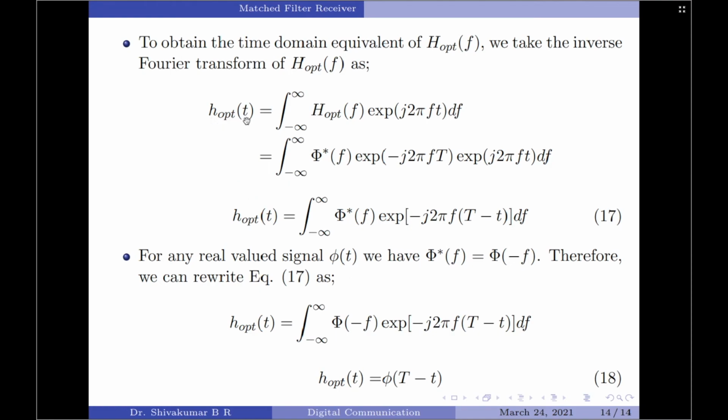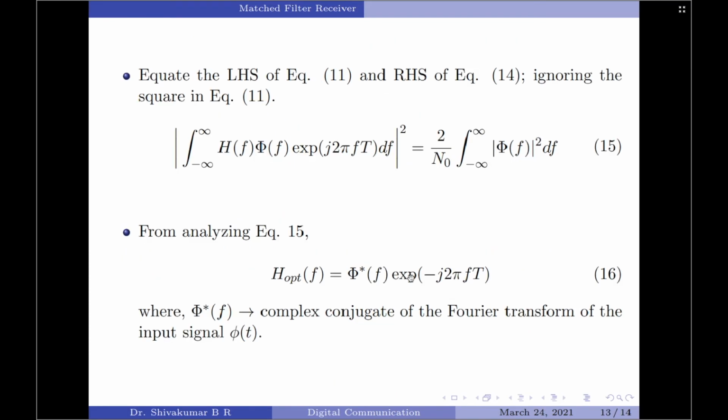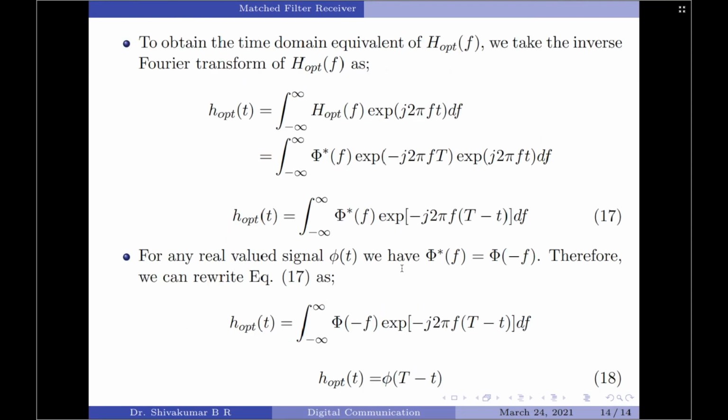So H optimum of t is equal to integral minus infinity to plus infinity H optimum of f into exponential of plus j2 pi f t into df. Let us replace H optimum of f by the RHS of equation 16, and this is rewritten here. So this is equal to integral phi star of f exponential of minus j2 pi f capital T multiplied by this term, which is exponential of plus j2 pi f t into df.